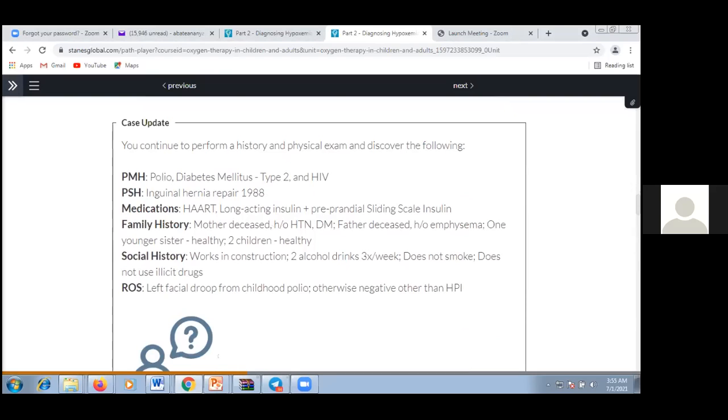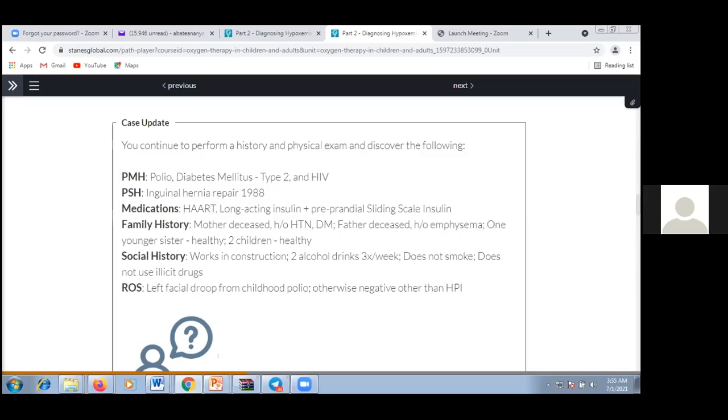Now, when you perform your history and physical exam further, you discovered that he has polio, diabetes mellitus, and HIV, and inguinal hernia repair in 1988. And his medication is insulin, long-acting and preprandial.